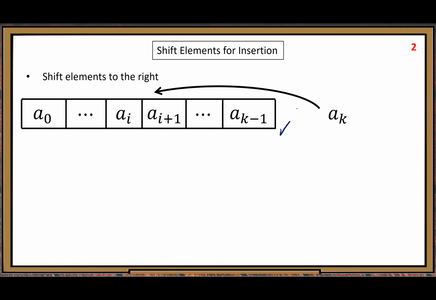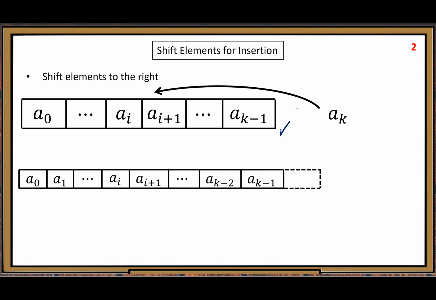In order to provide some room for the new element AK, some of the elements need to be shifted to the right to provide a vacant location for AK. That is our implementation view. So let's do the detailed work.